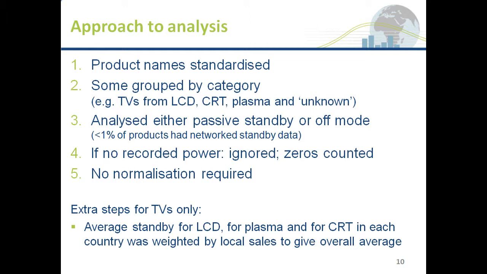And basically we chose the mode which had the most significant amount of data available. Whilst some products did have network standby data, that actually accounted for less than 1% of the data, and so we have not done any detailed analysis at all of network power under this analysis.